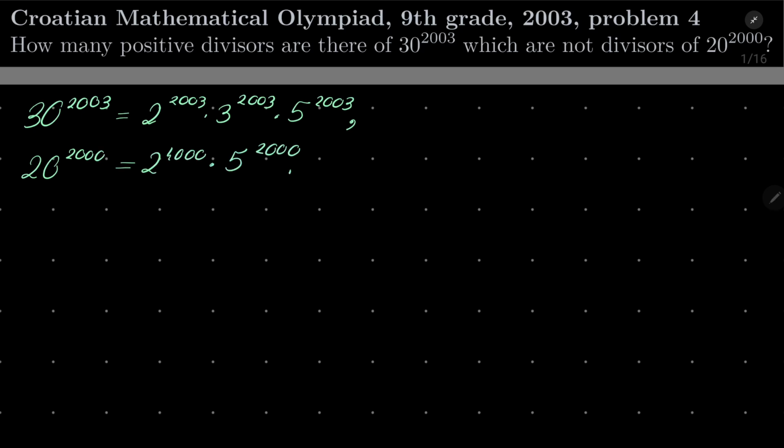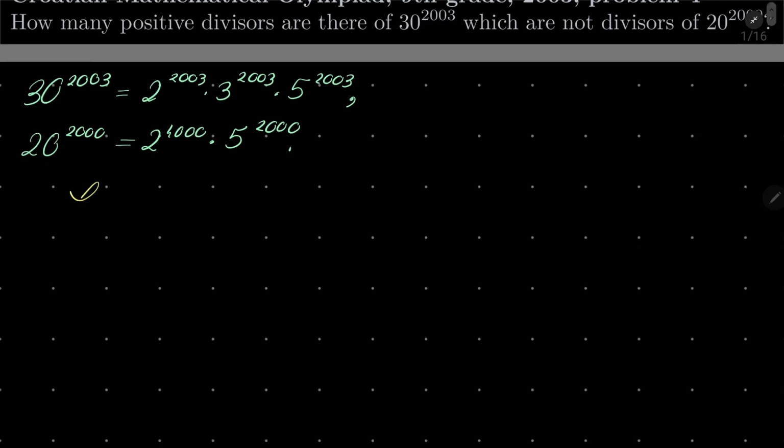Very well. And now let D be a positive integer, and let it be a divisor of 30 to the power 2003. We have two possibilities.